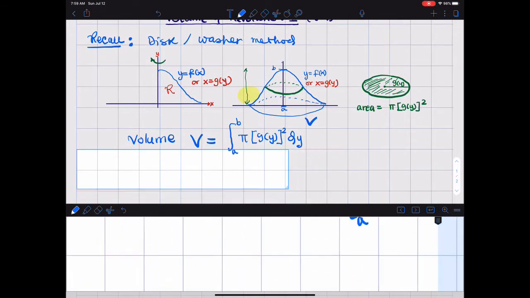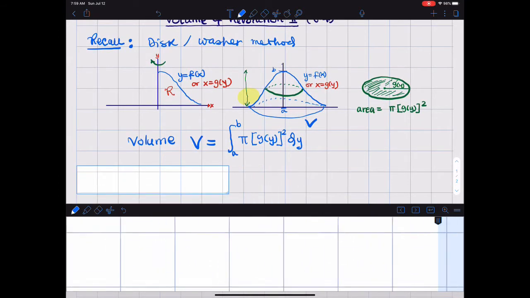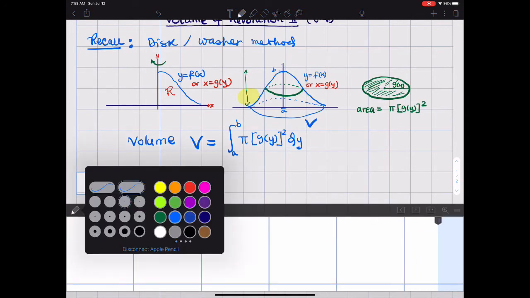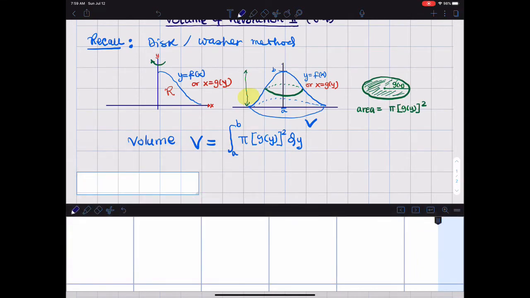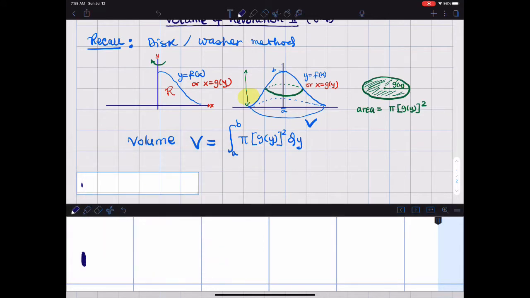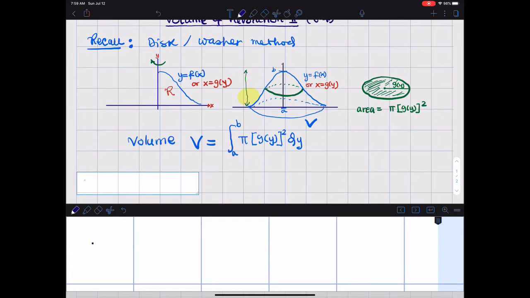All right, now we're going to modify this problem a little bit. Now, think about this. Let's make this a little bigger.